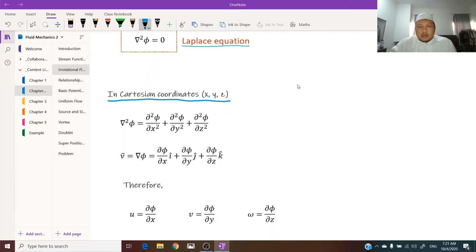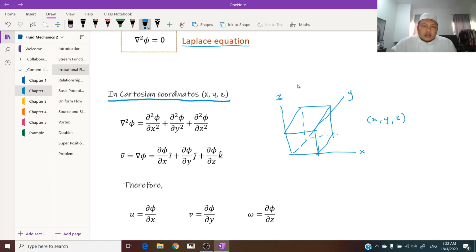If we solve a problem like this, for example, this is x, this is y, and here z. This cube we call the Cartesian coordinates, where we read the coordinates as x, y, and z.